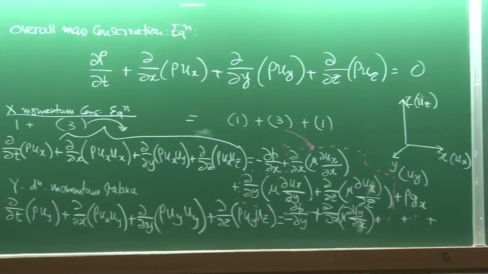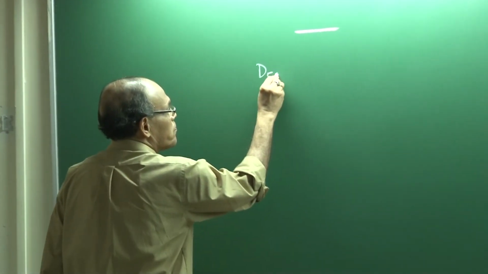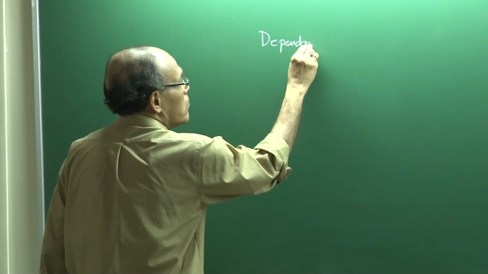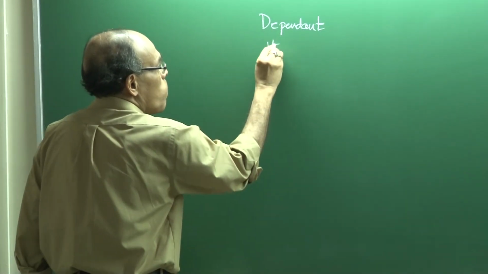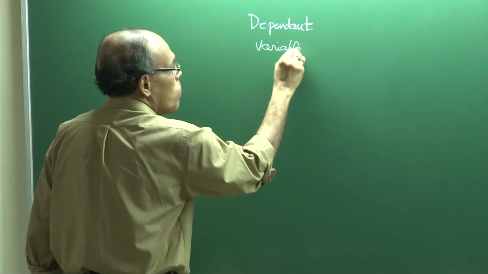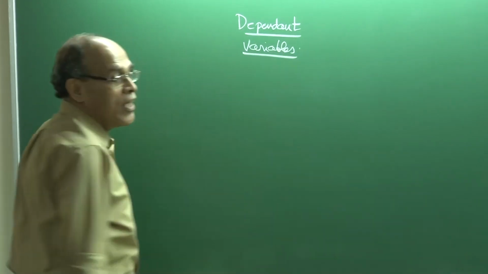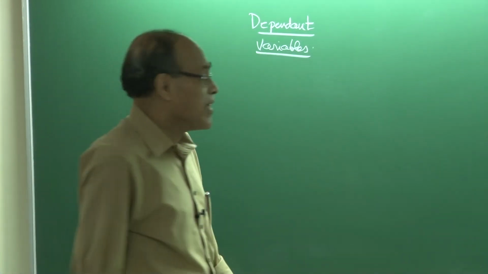First column, we will write dependent variables. The dependent variables in this case are 4.